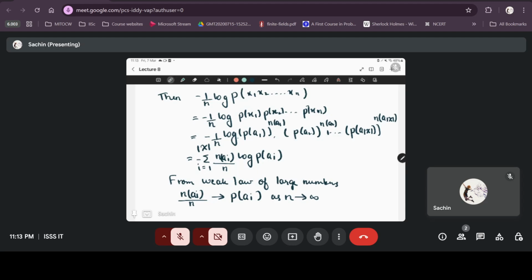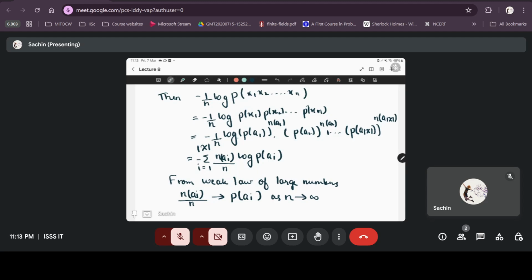Suppose the probability of heads was one fourth and the probability of tails was three fourths, then heads would have occurred 250 times out of 1,000 trials. So the fraction 250 by 1,000 is one fourth, which is equal to the probability P of Ai.